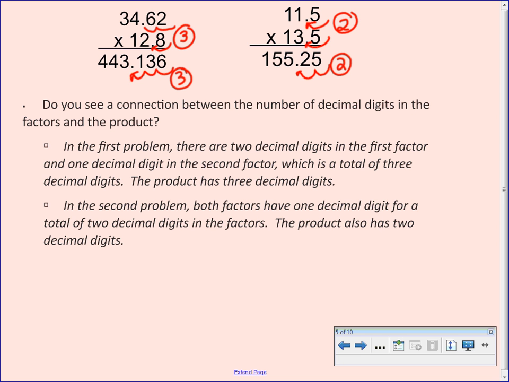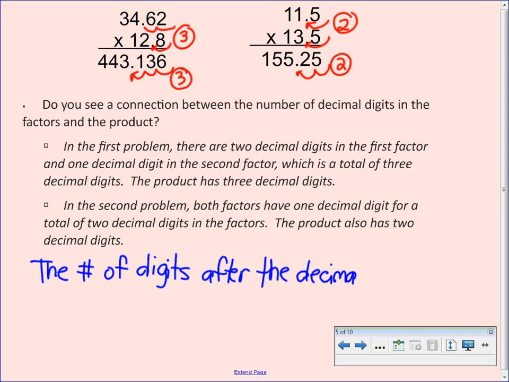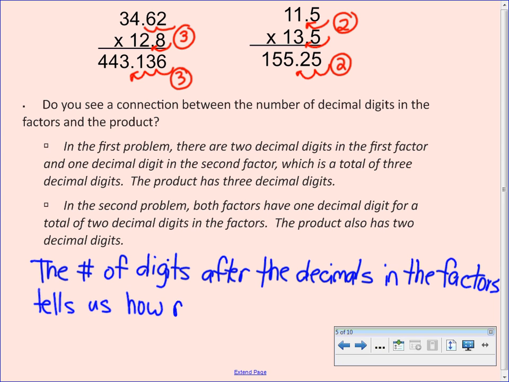The number of digits after the decimal in the factors tells us the number of digits after the decimal in the product.